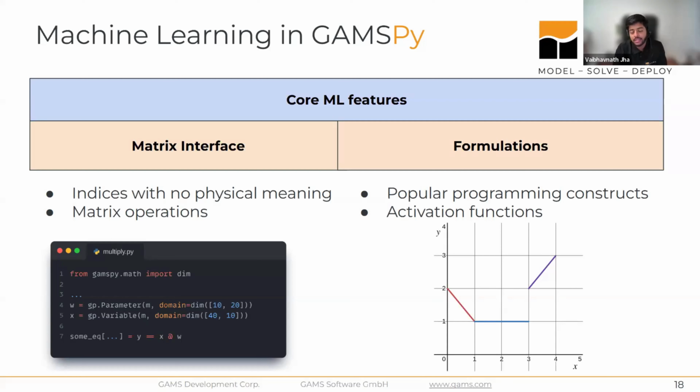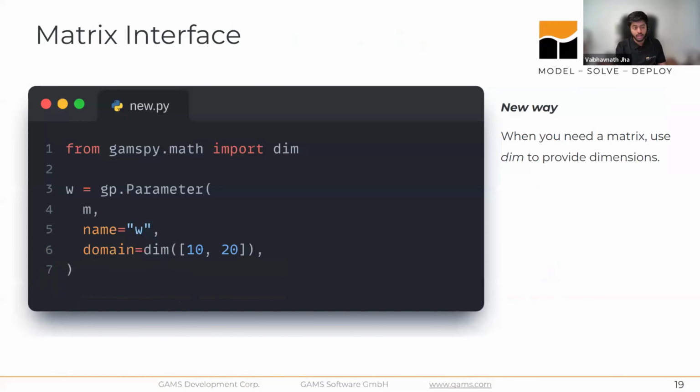In that case, just using a matrix operation can be much more convenient. And that's what the matrix interface allows us to do. Secondly, we have GAMSPy formulations, which allow the integration of common ML constructs into a GAMSPy model. Now let us look at these two features in a little more detail.